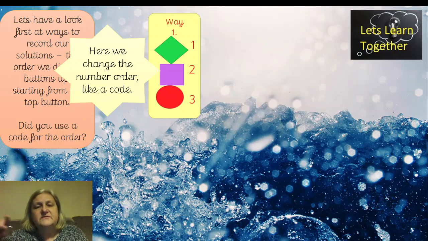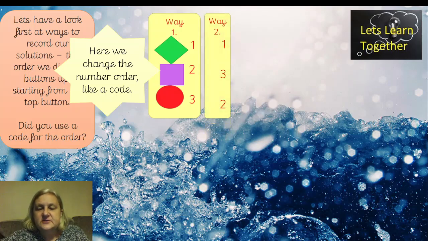But what I've done with this, instead of doing a shape and putting the shapes up and down, I've given them a number. So I've said the first one, the top one is first, the next one down is second, and the last one on there, the bottom one, is third. So I've just given them an order of 1, 2 and 3. So for the second one, I can start on the same one, and I will just change the bottom 2 over.